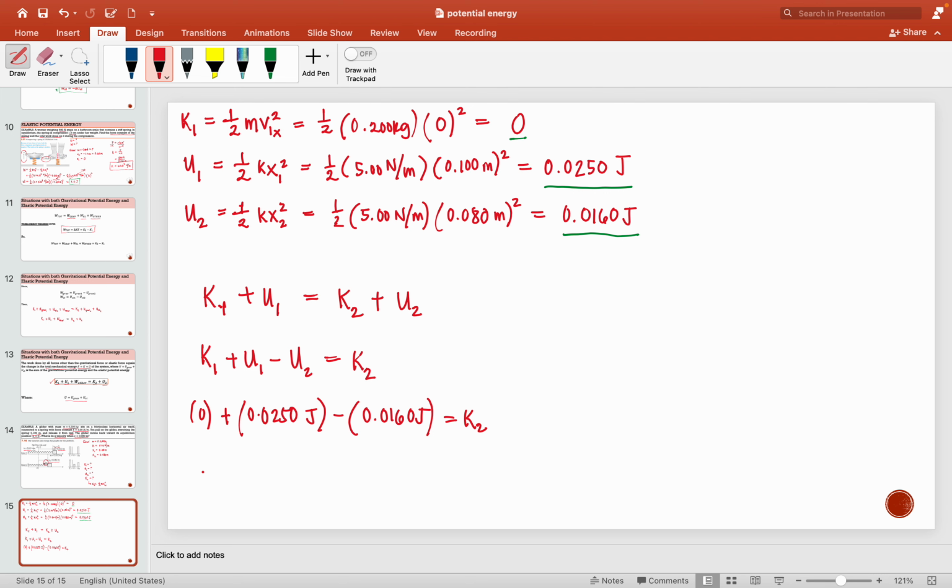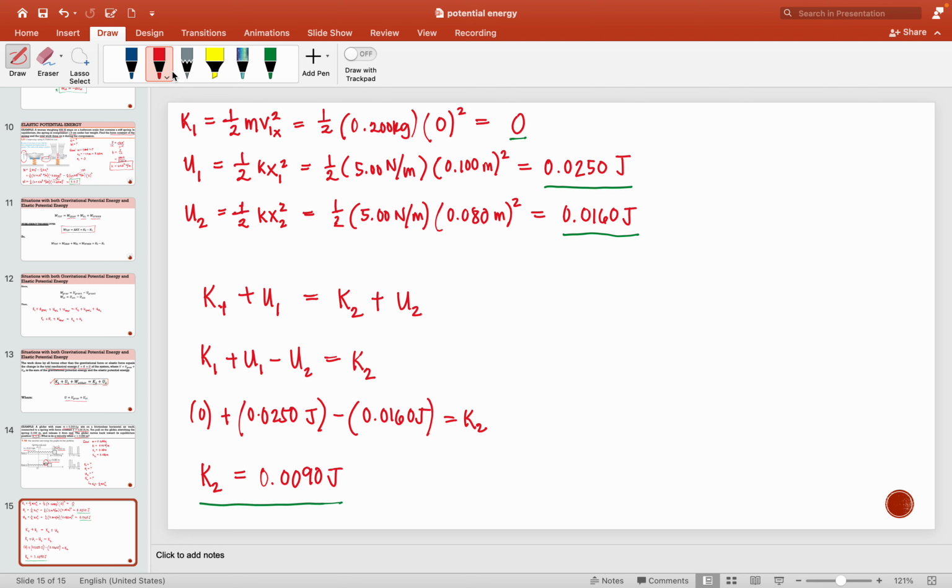So our value for K2 is equal to 0.0090 joule. So this is our value for K sub 2.